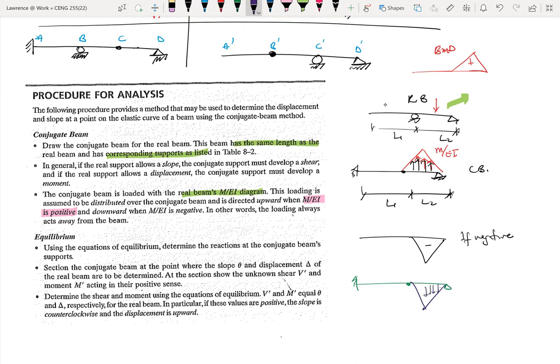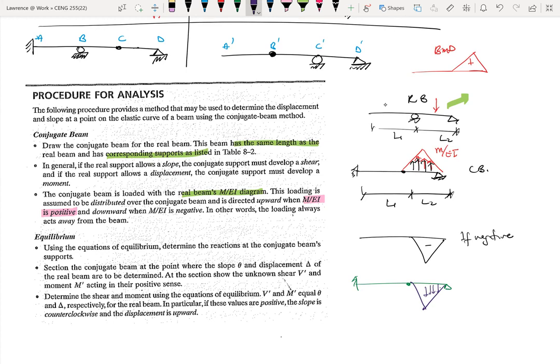So as a rule of thumb, whichever way you draw your bending moment diagram, you place it as it is on the conjugate beam. We know that if the bending moment diagram is above the zero, it's positive. If it's below the zero, it's negative. And then we place them as they are on the conjugate beam.